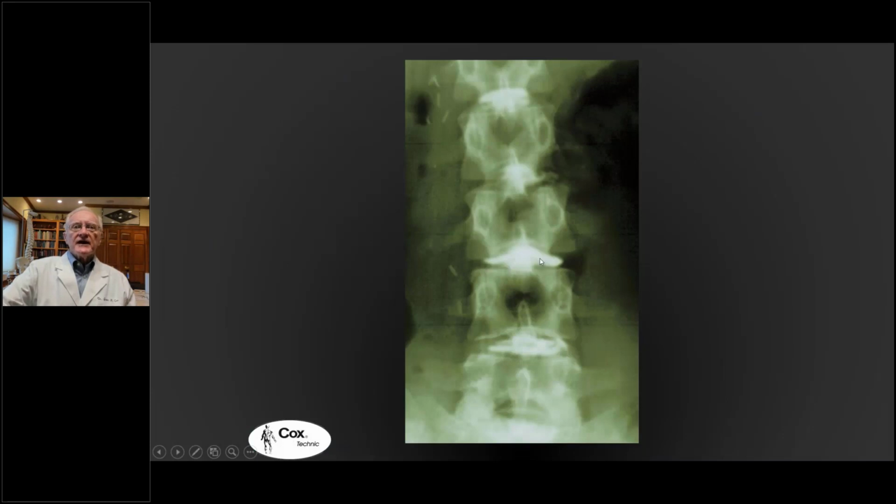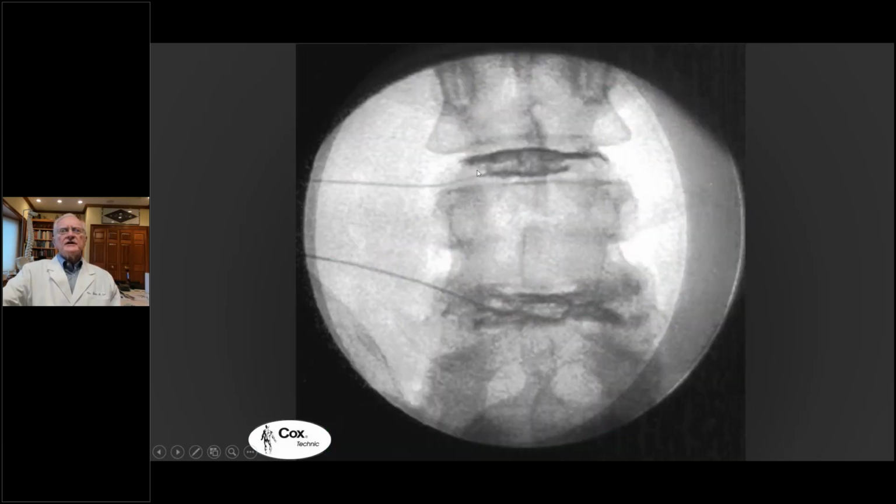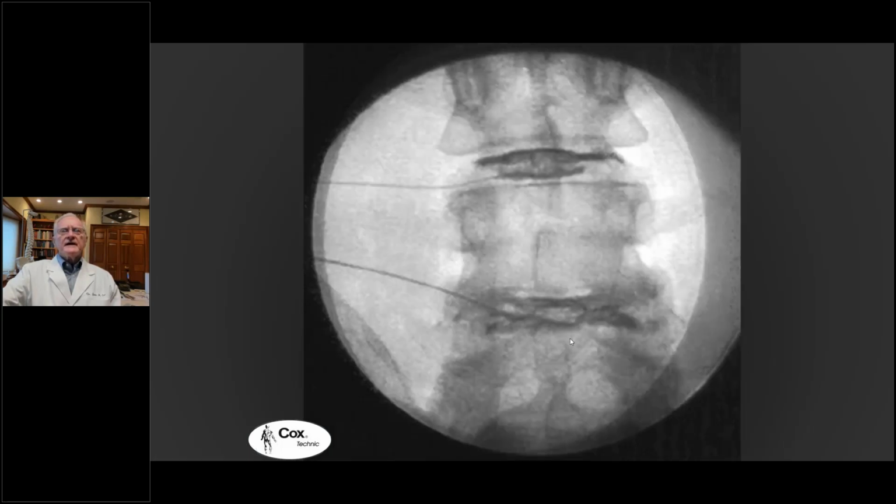So if this is a discogram, here's a disc filled with dye. Here you see a disc which is a type 1 tear, an annular tear with nuclear material escape. The closer that nuclear material moves to the periphery, the more pain sensitive our patient becomes. Until here with discography, you see it escaping posterolaterally.